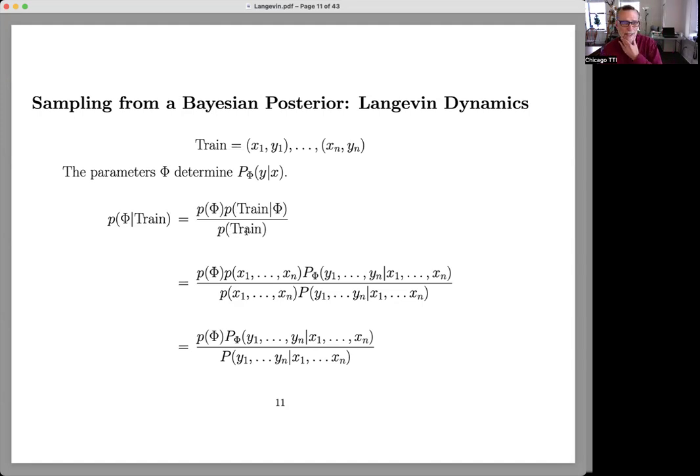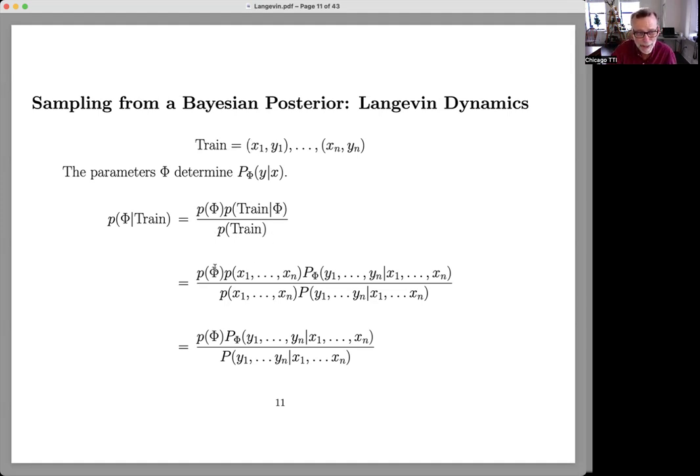Okay, so the probability of the model and the training data is the probability of the model times the probability of the training data given the model. I'm going to take the training data to be XY pairs. So this is like an image, and this is like a label of the image in ImageNet.